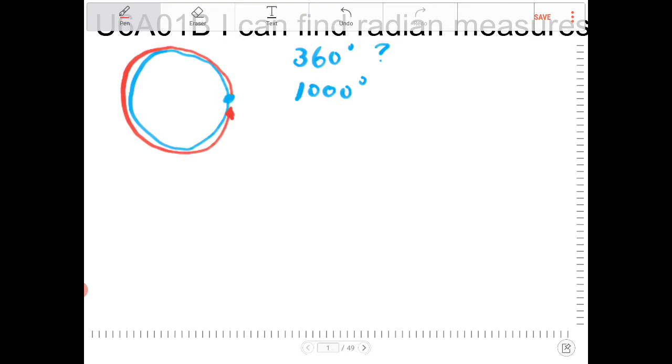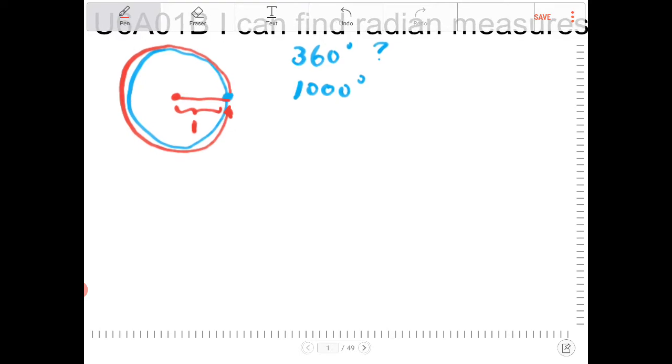So when we talk about going around a circle, or the angle measure going around a particular point, we always refer to what's called a unit circle, where the radius is 1. When we talk about going around the full circle, instead of thinking in terms of degrees, we think in terms of the arc length.